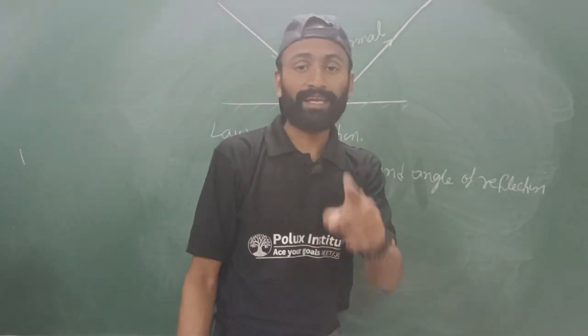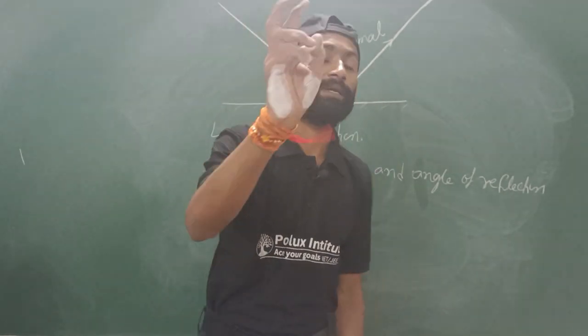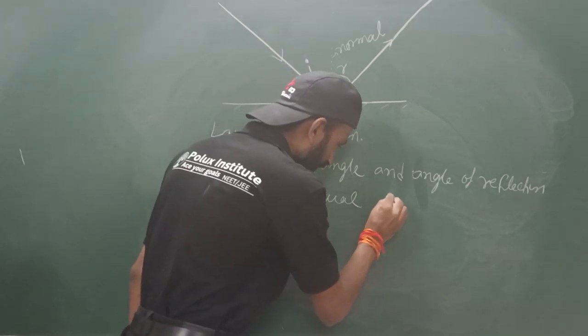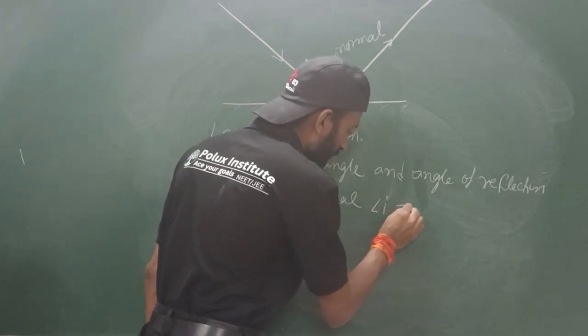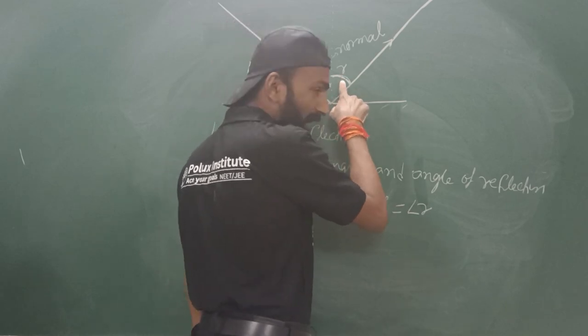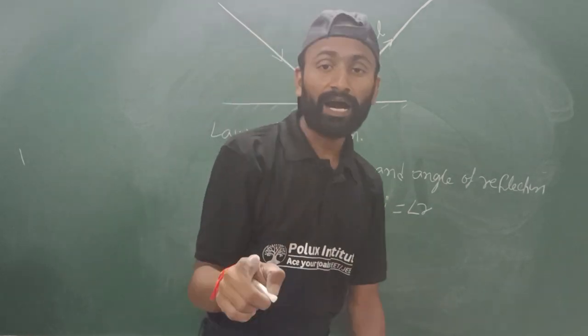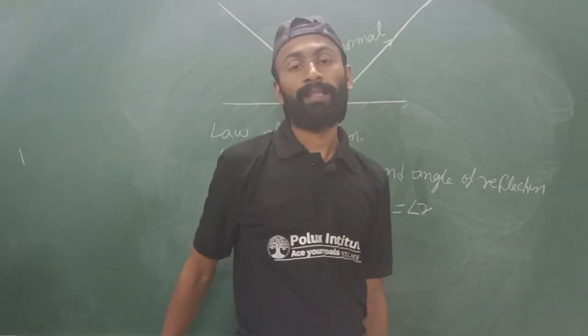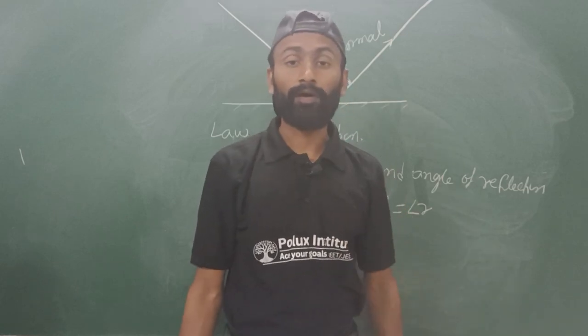Angle of incidence and angle of reflection both will be equal. It means that angle I will be equal to angle R. Here you see angle I, here you can see angle R. Angle I and angle R will be equal. This is the first law of reflection.